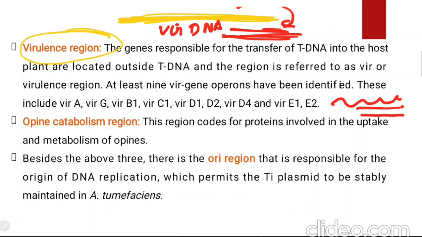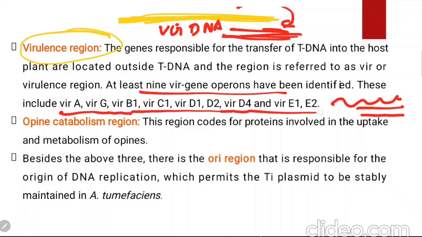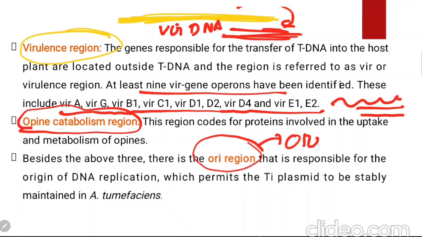There are nine Vir genes: virA, virG, B1, C1, D1, D2, D4, E1, E2. Then opine catabolism, as the name suggests, helps in the catabolism of opine. Then the ori region, which is the origin of replication.